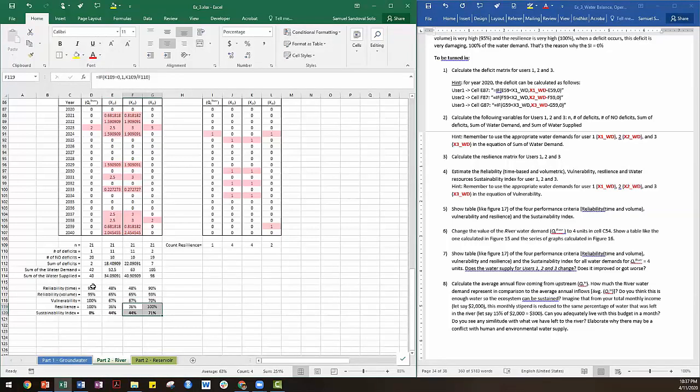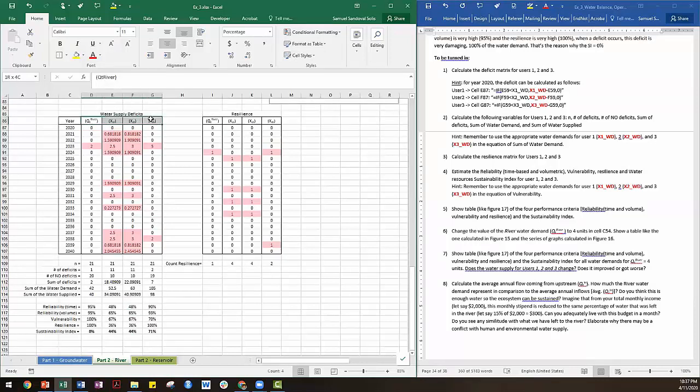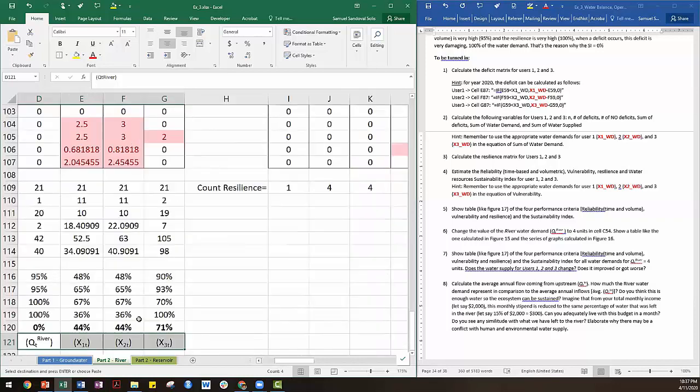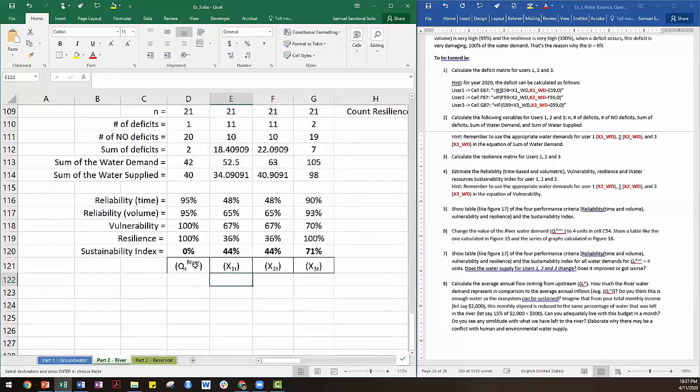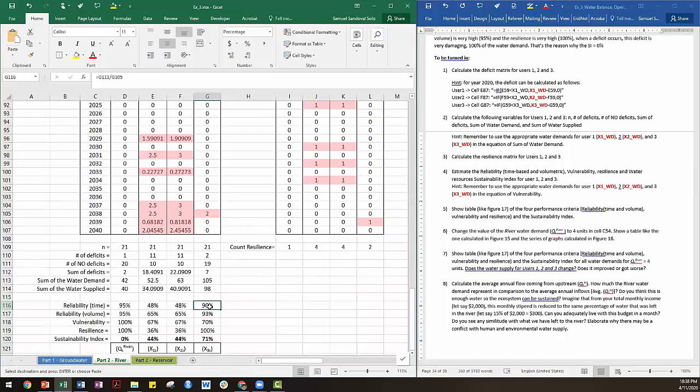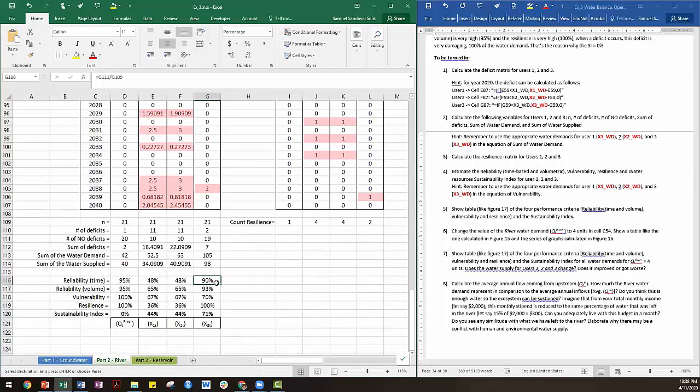So as you can see, this is pretty interesting. So these are the users: river, user 1, 2, and 3. Notice that, for instance, in this case, these two have the same performances, and that's by design. Remember that we said that they have the same priority, so they will have the same performance. This guy has a higher performance, and why is that? Because, well, it's a senior. 90% of the times the water demand was fully supplied.